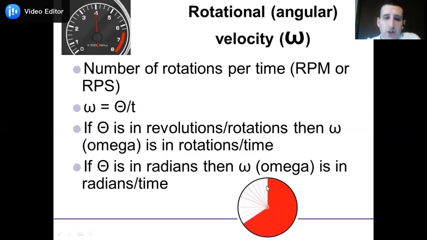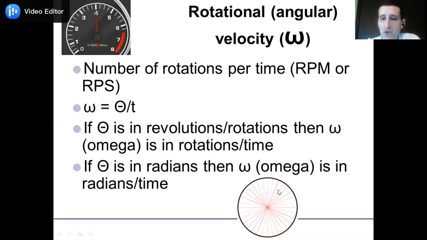So here we have a little animation showing that in each unit of time, we color in another part of the circle. So our theta is getting bigger and bigger, right? This would be just like if you were running along the ground and you ran 2 meters in the first second and 3 meters in the second second and 4 meters in the third second. Your total distance covered would keep increasing even if your velocity was not increasing at that rate.